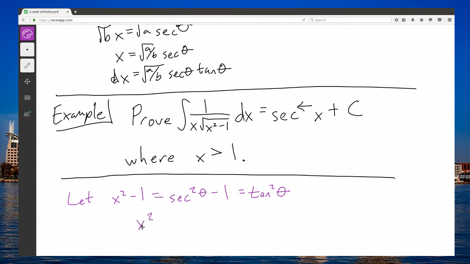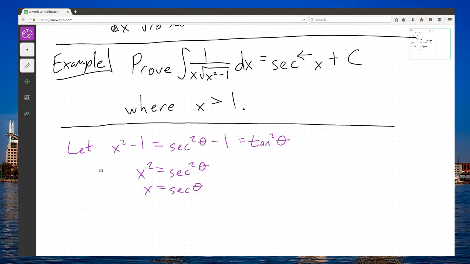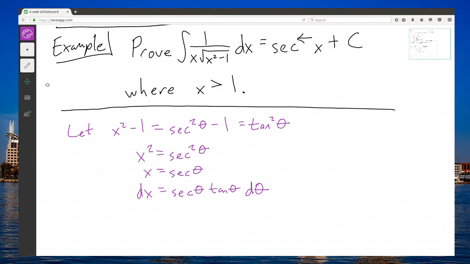So my x squared is secant squared, and x is equal to secant. And that gives me that dx is secant theta tangent theta d theta. All right, so we can put all this together.